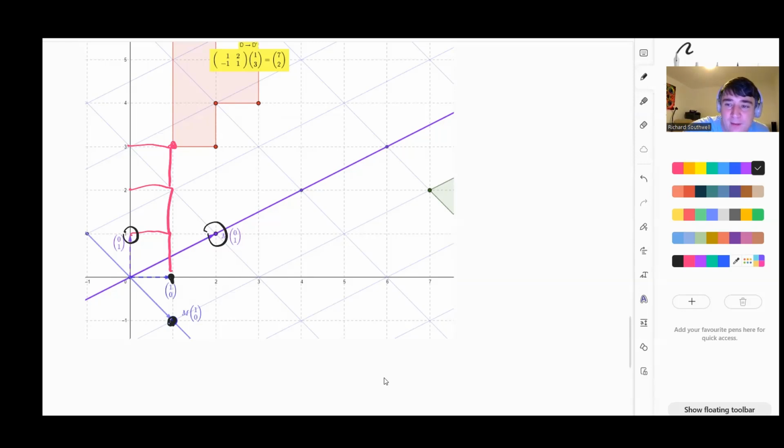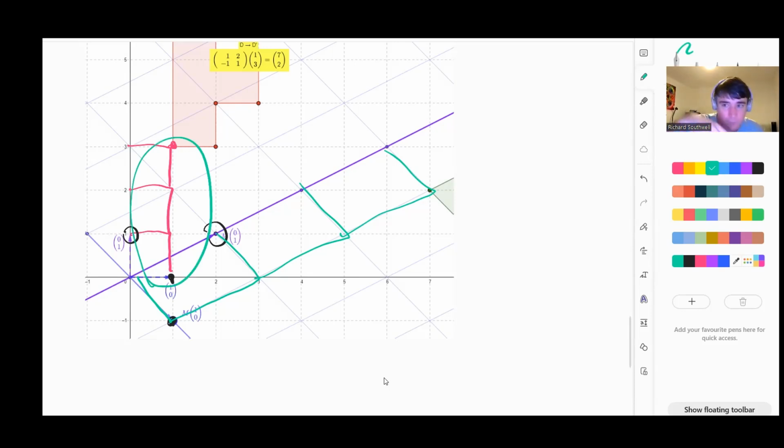And then you can see that the squares that I've just drawn are going to get sent to these different parallelograms here. And you can see that basically doing a similar thing to what we're doing here with these red parallelograms to get from this far corner here to this far corner here. If we do a similar thing with the green stuff, then we get from here to here, and that's basically telling us what the image of this point here is going to be under our linear map. It's going to be this point here.